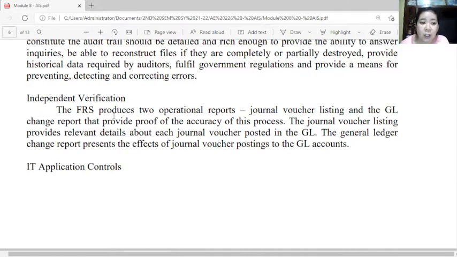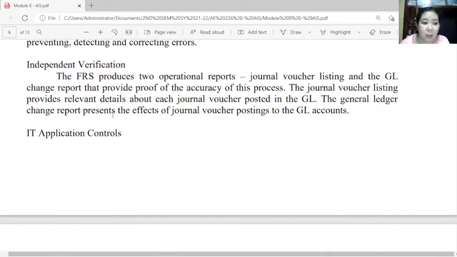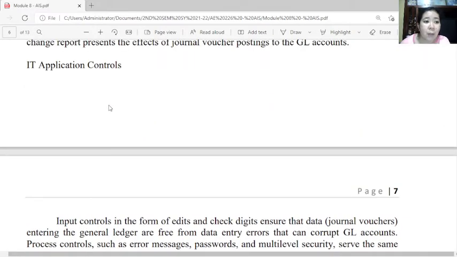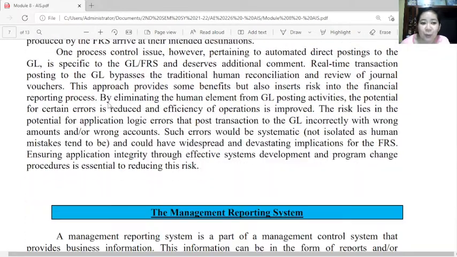And the general ledger change report presents the effects of the journal vouchers posted in the general ledger accounts. So this is to reconcile any changes made in the posting and recording. Okay, independent verification.